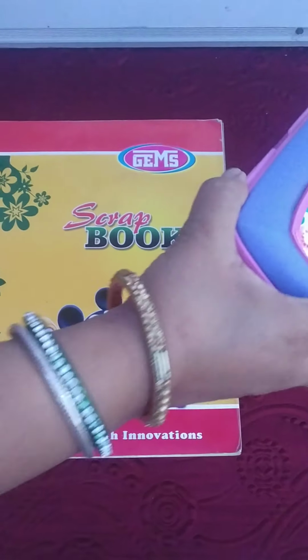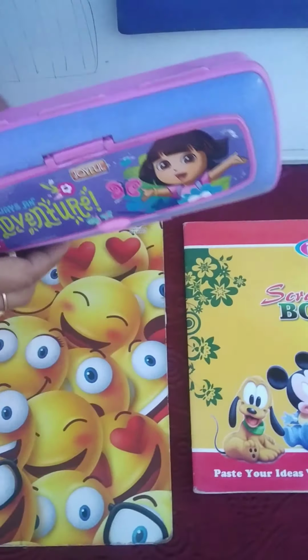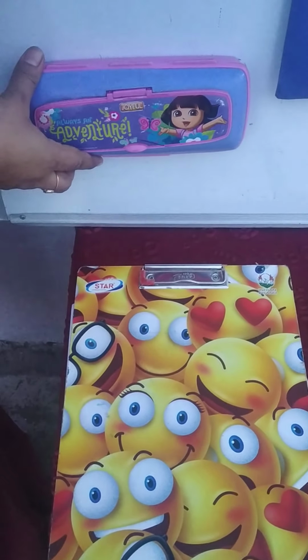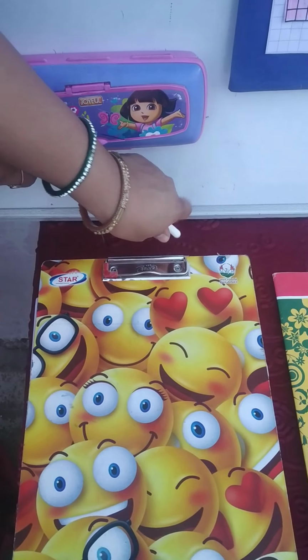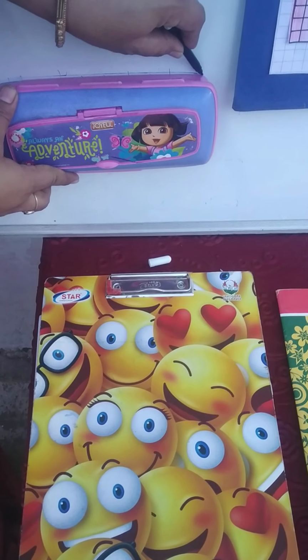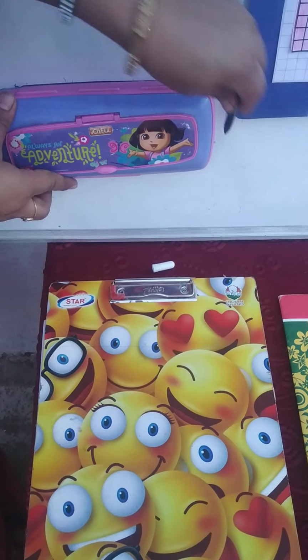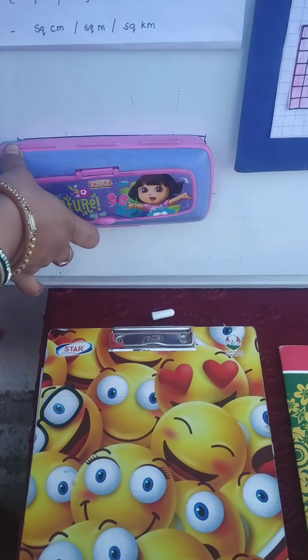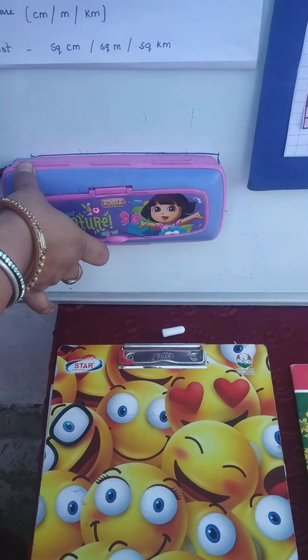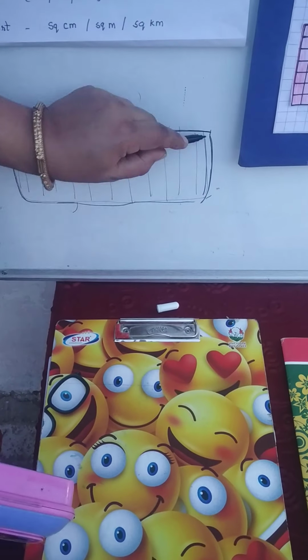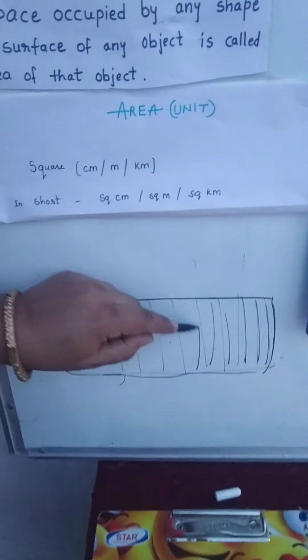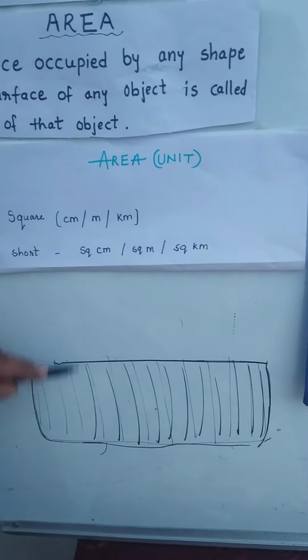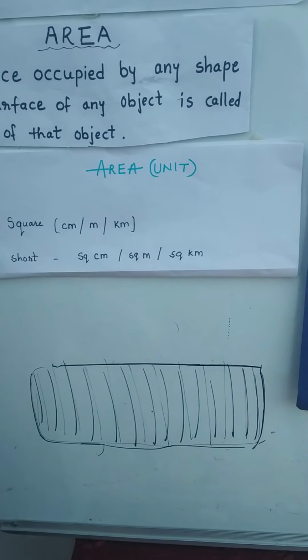If we are having this pencil box, and if I trace the surface of the pencil box on this board, you just see the shaded part. This is the area of this pencil box, right?